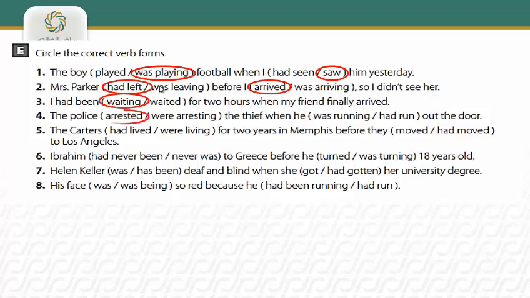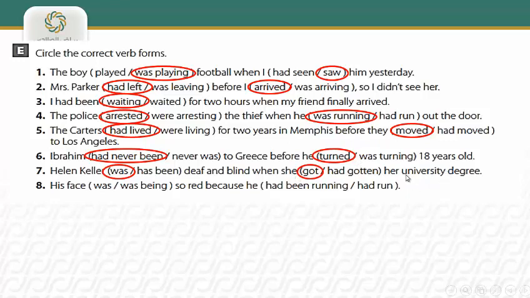The police arrested the thief when he was running out the door. Out of the door, yeah. Khalid had never been to Greece before.